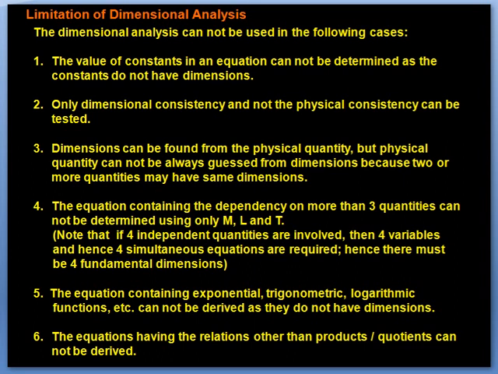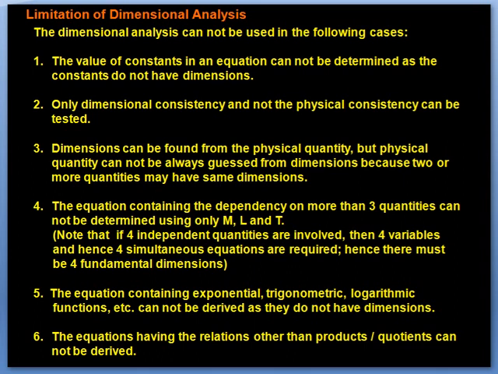Number 4, an equation containing dependency on more than 3 quantities cannot be determined using only M, L and T. Note that if 4 independent quantities are involved, then 4 variables and hence 4 simultaneous equations are required. Hence there must be 4 fundamental dimensions.